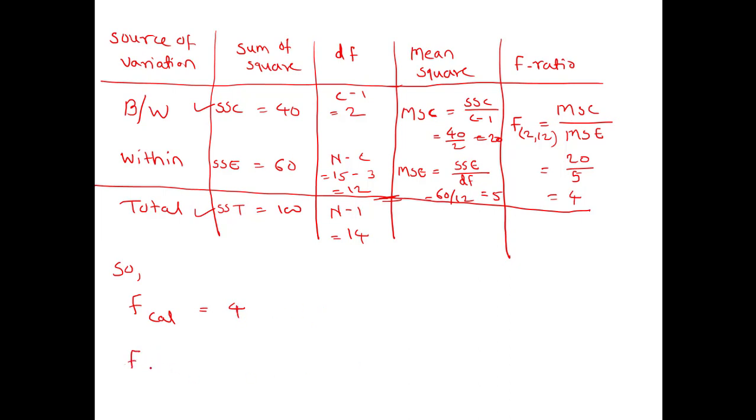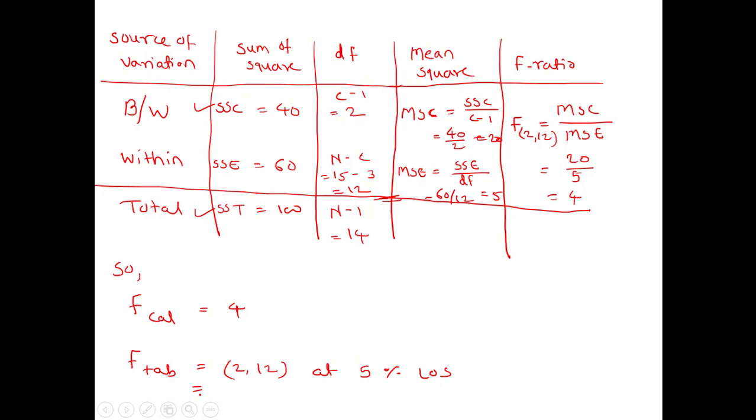Now we have to find out the value of F in table. So in the table we are going to find out the value of F at the value 2, 12. This is very important. 2 is for the numerator, the degree of freedom from the numerator, and 12 is the degree of freedom from the denominator. So 2 upon 12 at 5% level of significance.